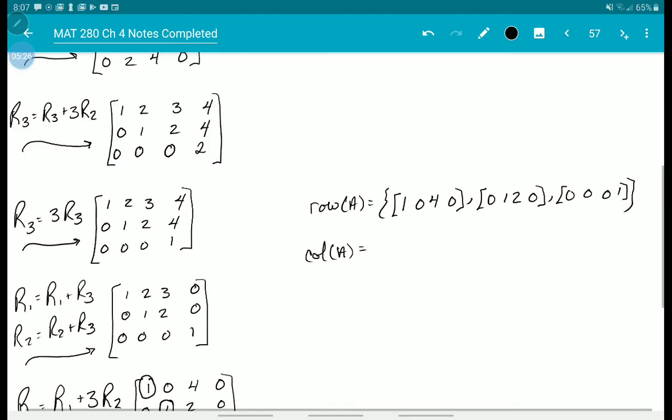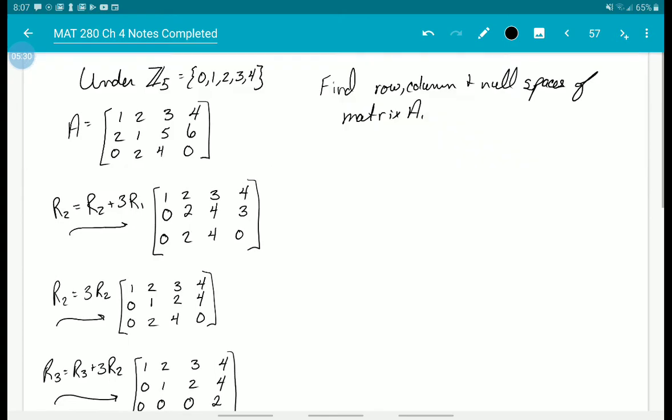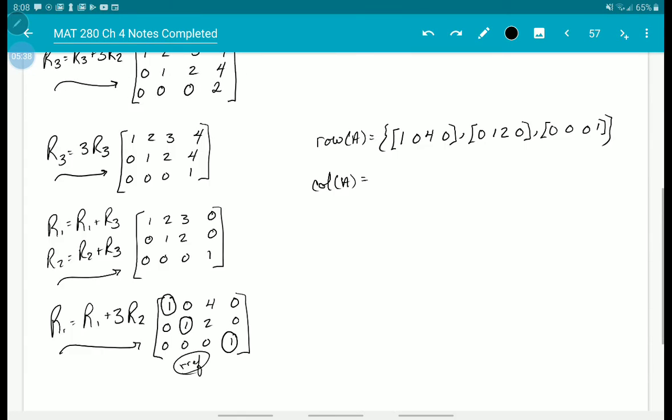So those are the columns I have to use, going all the way back to the original up here. So my column space is the first, second, and fourth.